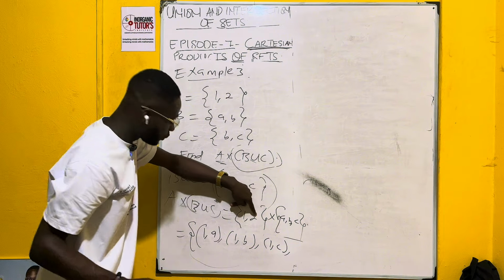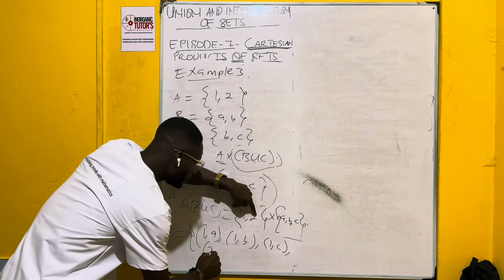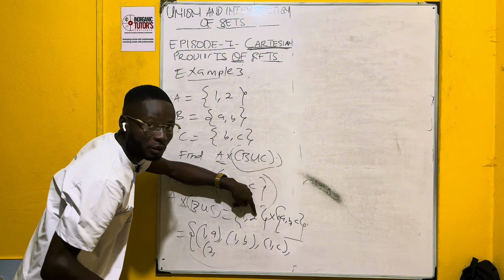Then you fix 2. Fix 2, then you pair with all the elements in what?